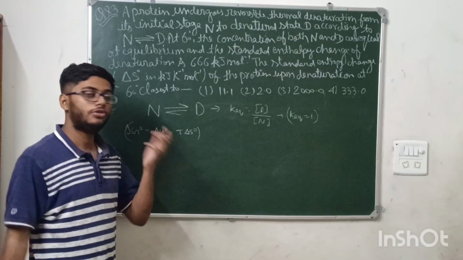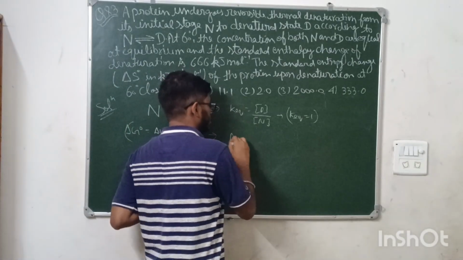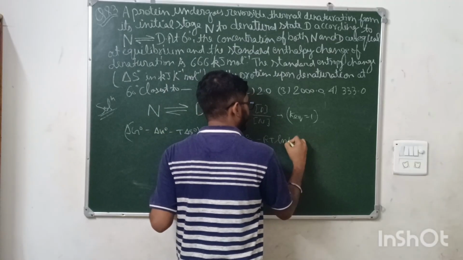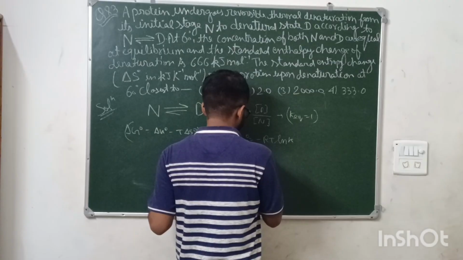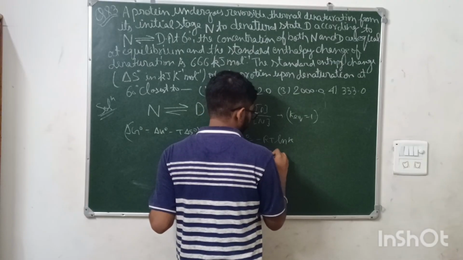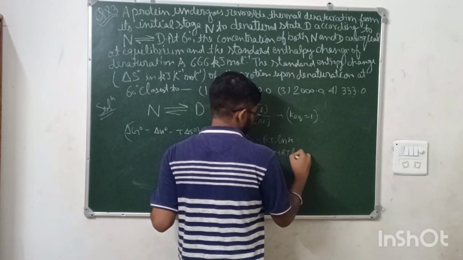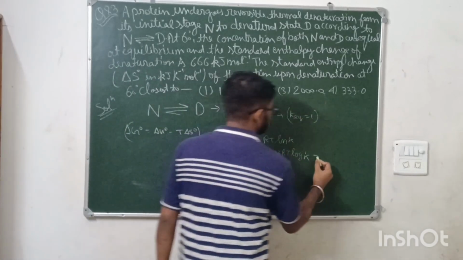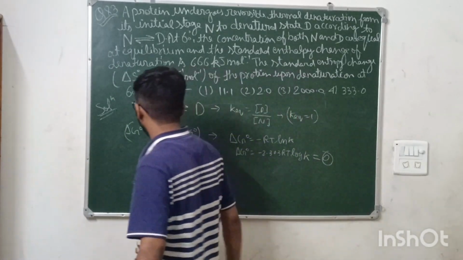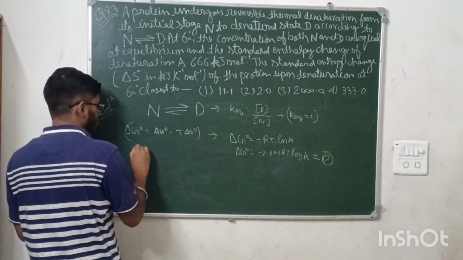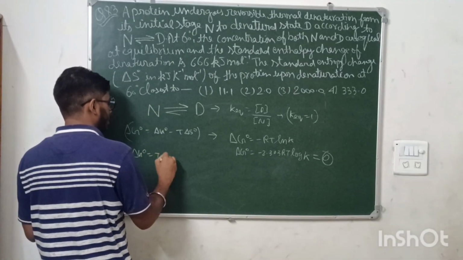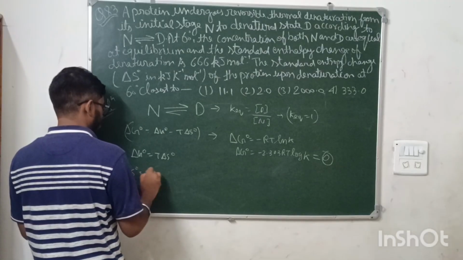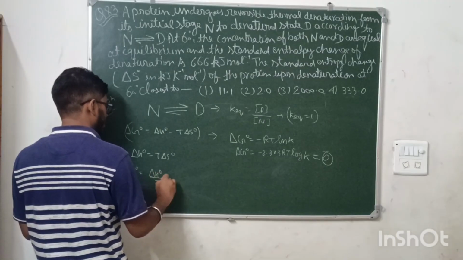You also know the formula for the standard Gibbs free energy is minus RT ln K, or minus 2.303 RT log K. You can substitute K as 1, so this will come out to be 0. So delta G naught is 0, and delta H naught will be T delta S naught. From here, delta S naught is delta H naught by T.